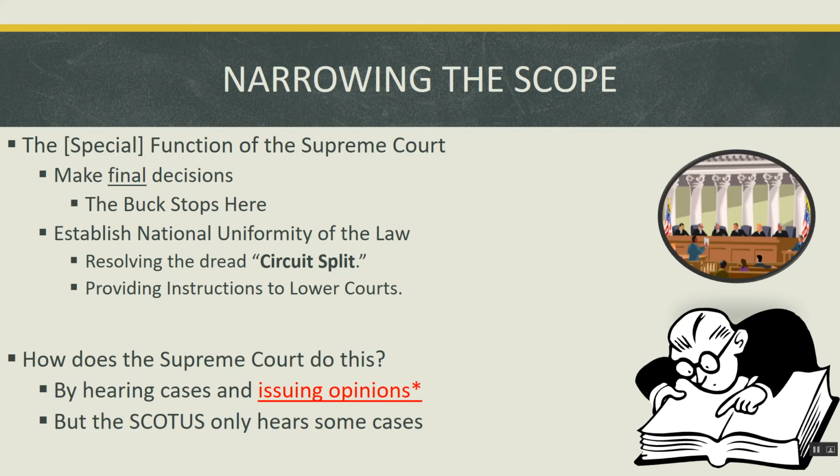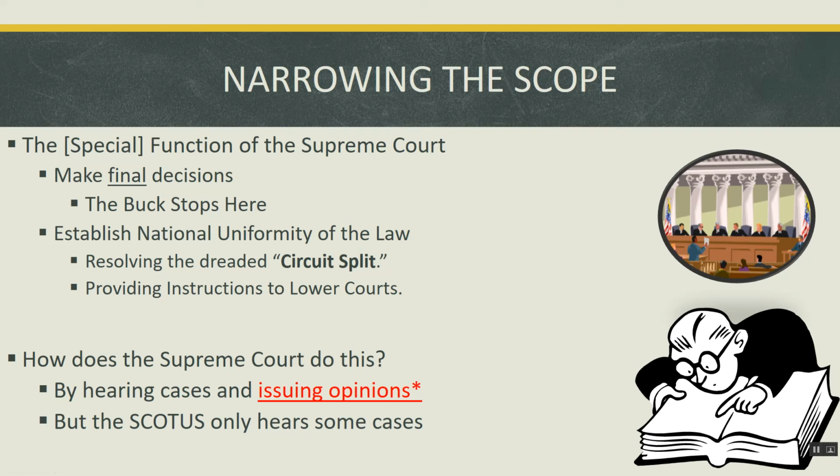So the Supreme Court makes the final decision on how to resolve a particular dispute, because there's nowhere else to go. Number two, the Supreme Court establishes national uniformity of the law by helping to resolve disputes between lower courts about how the law should be interpreted.